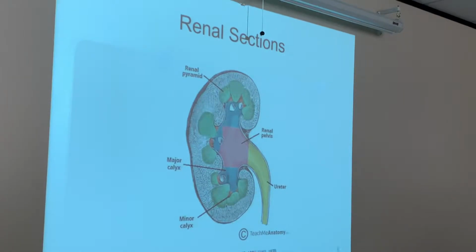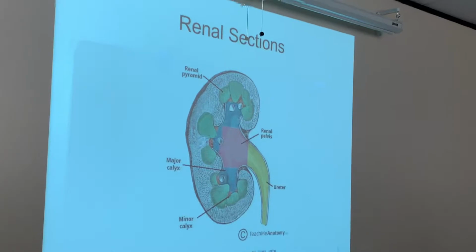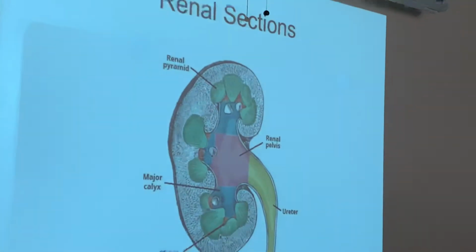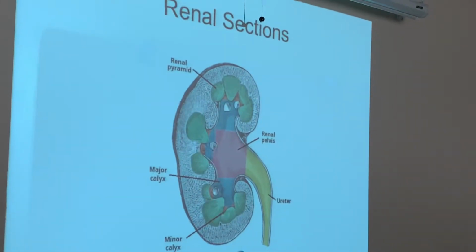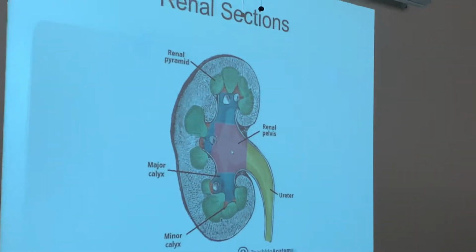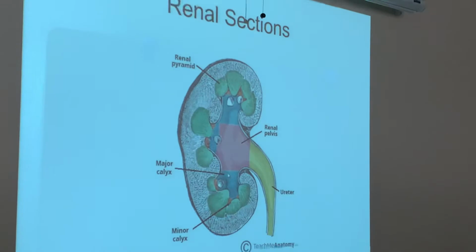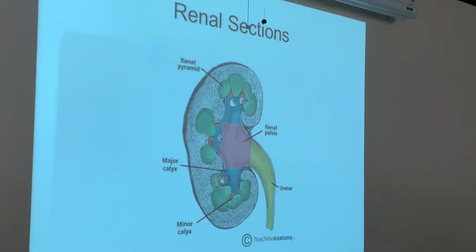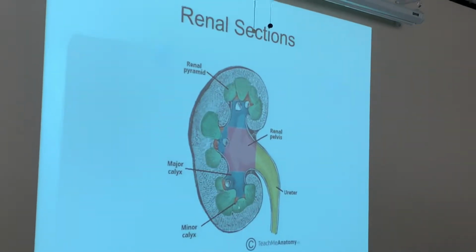Okay, so here's just another little area that helps you understand a little bit. The ureter opens up into the pelvis, which opens up into the major calyces, and the major calyces open up into the minor calyces.